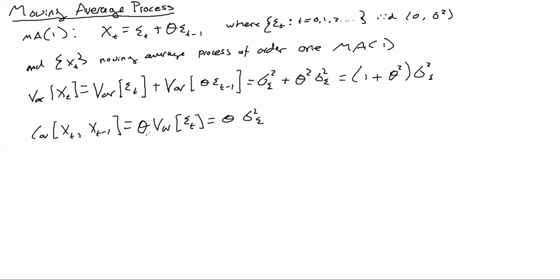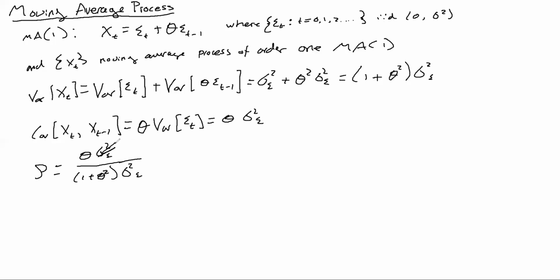This would mean that the correlation, remember the formula for correlation, I'll use rho for correlation, is equal to the covariance divided by the product of the two standard deviations. In this case that would just be the variance, because it's the same value. So our correlation would be the covariance between these values, theta times sigma squared, divided by 1 plus theta squared multiplied by our variance.